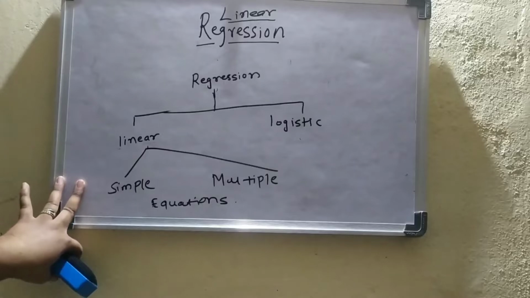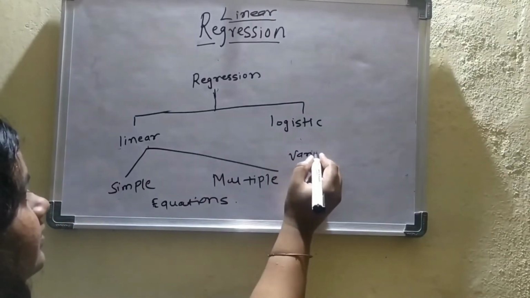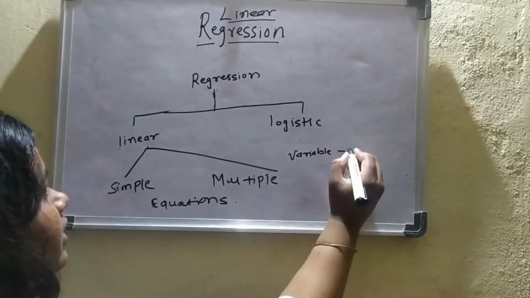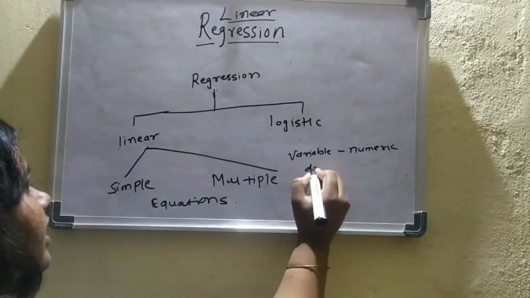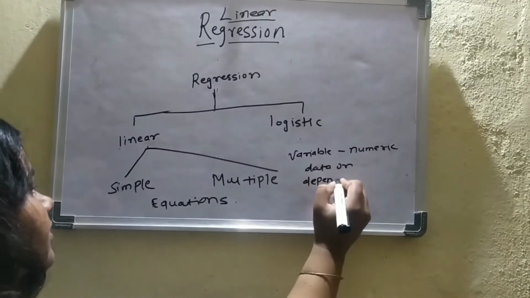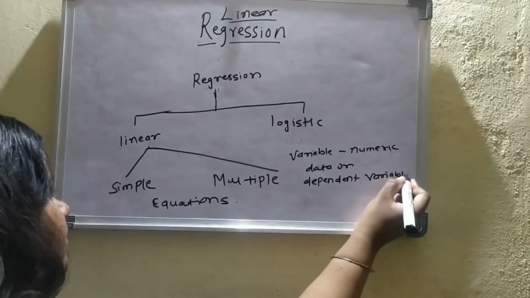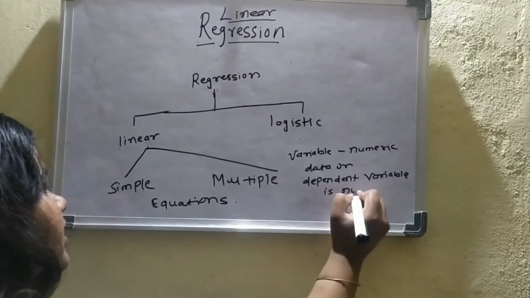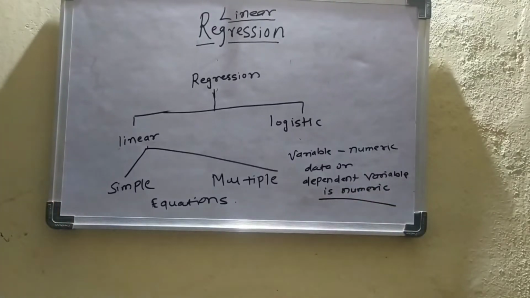In regression, it is mostly preferred when the variable is in numeric form. So when the data or the dependent variable is numeric, we use regression for analysis. This is the most important thing to remember when we go with regression.